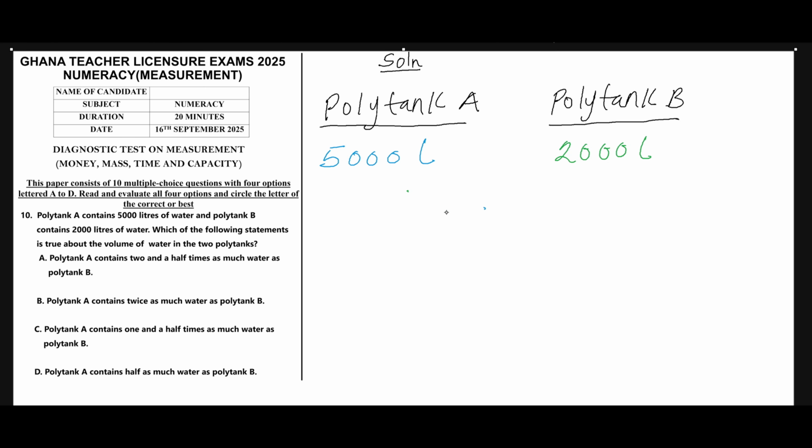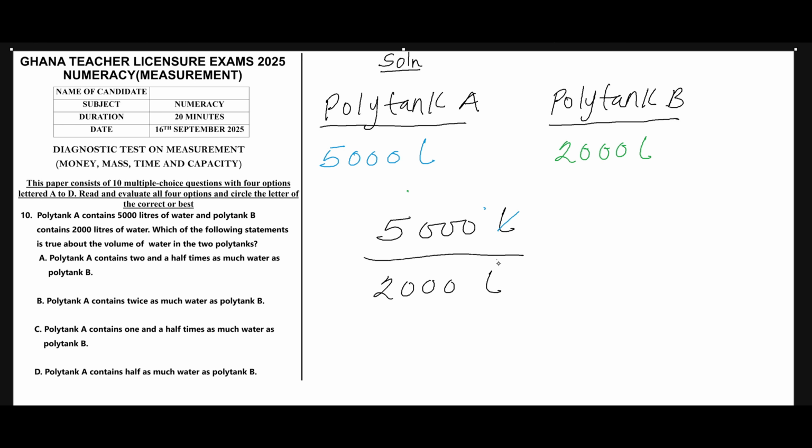So to find how much polytank A is bigger than polytank B, we have to divide the volume of water in polytank A, which is 5,000 liters, by the volume of water in polytank B.